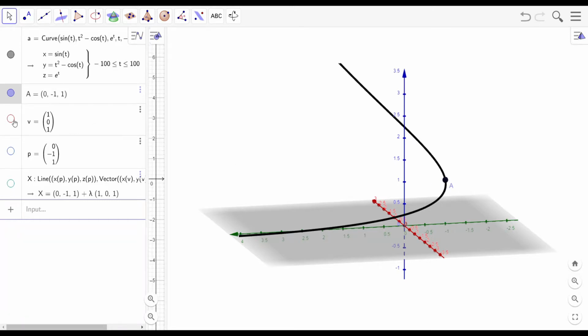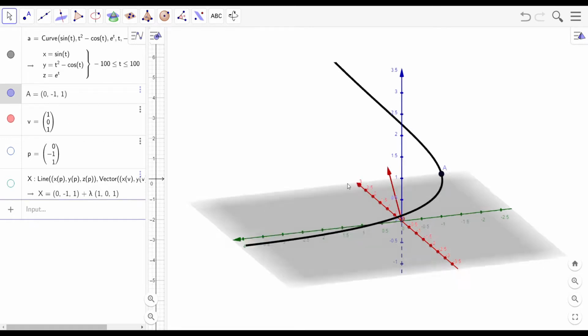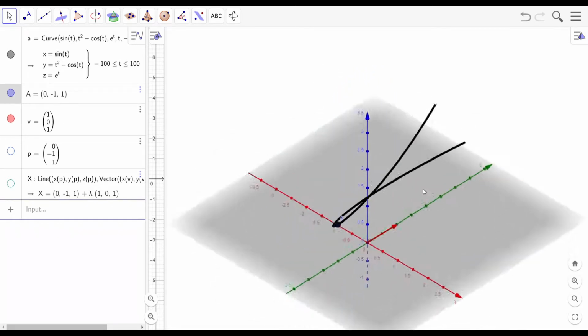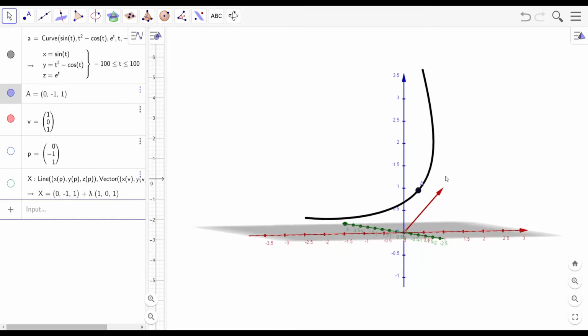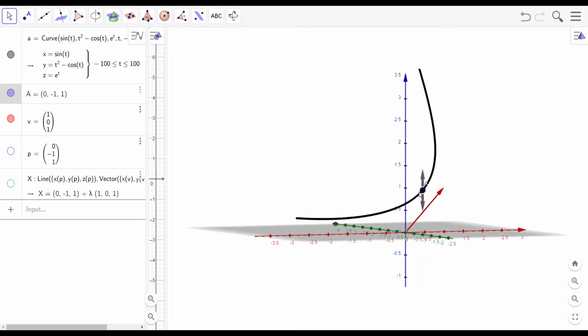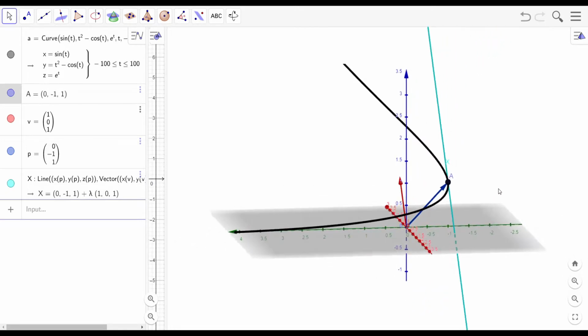The velocity vector at t equal to 0 is (1, 0, 1), that is i plus k. You can see that it is tangential to the curve. To draw the line, x is equal to 0 plus t, y is equal to minus 1, z is equal to 1 plus t. So this is the tangent line to the curve.